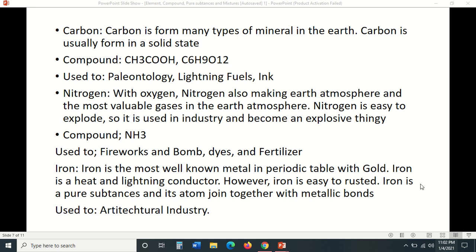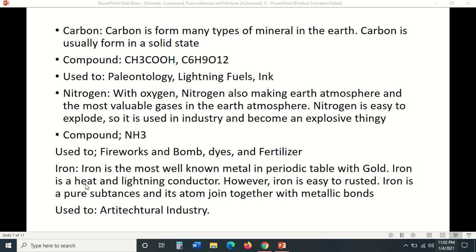Iron is a pure substance, and its atoms join together with metallic bonds. So they are not doing covalent bonds. What are metallic bonds? We'll talk about it. And then iron is used in the architectural industry, which I cannot list one by one.